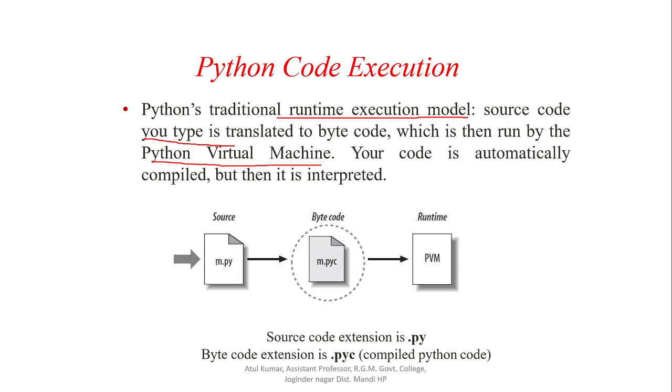Firstly, there is source code that is converted to bytecode, m.pyc. This bytecode is run by the PVM, the Python virtual machine. Your code is automatically compiled, but then it is interpreted, and after interpreting you get the desired output on your screen.